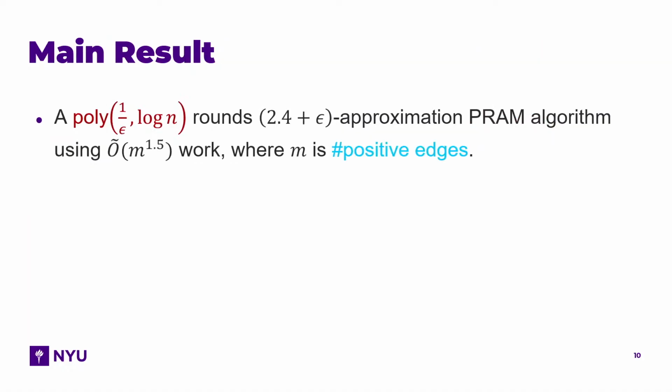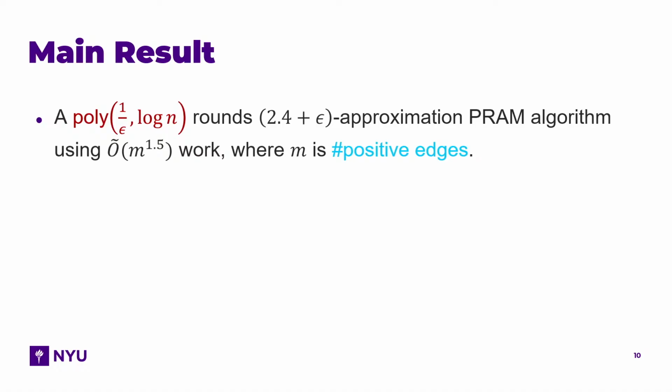We can get poly(1/epsilon) and log rounds, and this algorithm achieves 2.4 plus epsilon. You can think of epsilon as some constant, like 0.01, so 1 over 100. This is a PRAM algorithm using tilde O(m^1.5) work, where m is the number of positive edges in the graph.